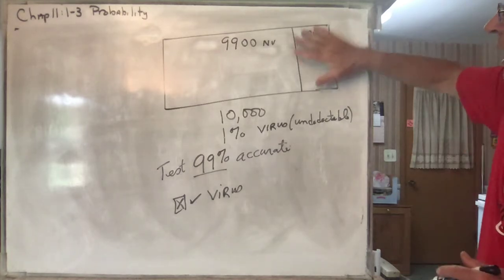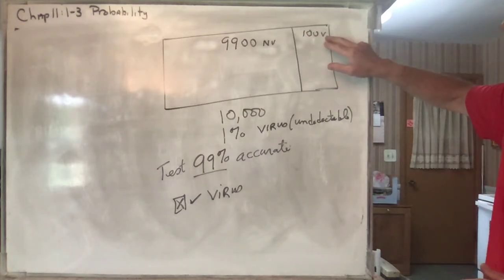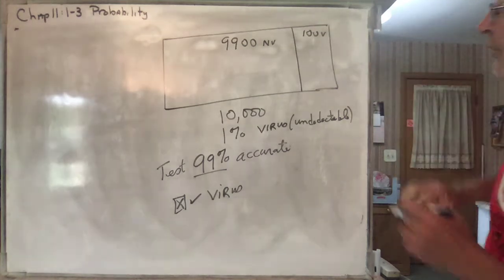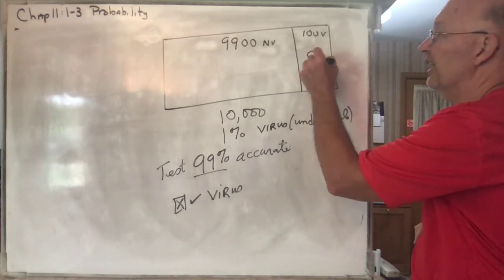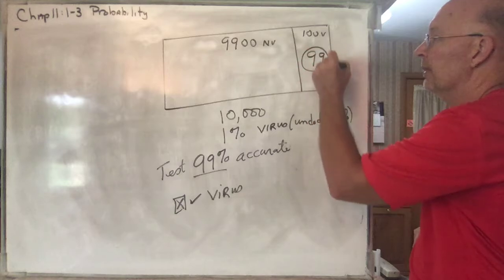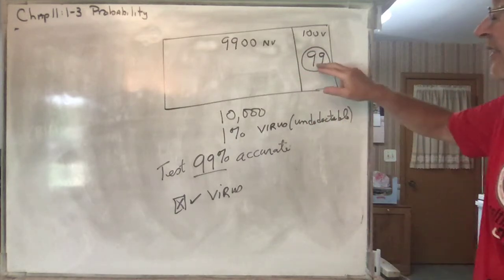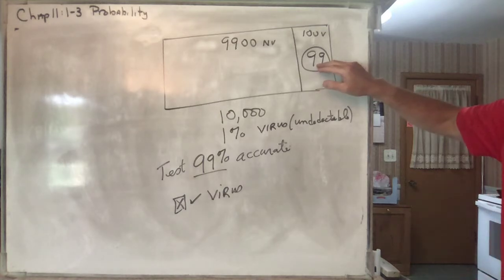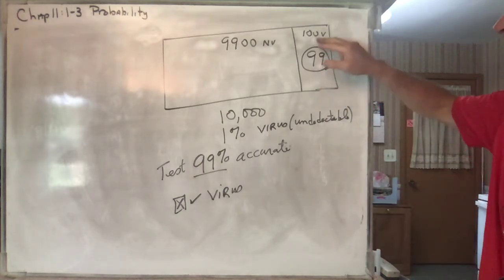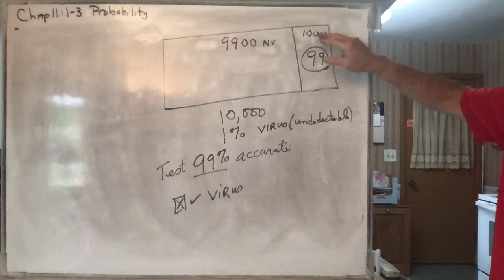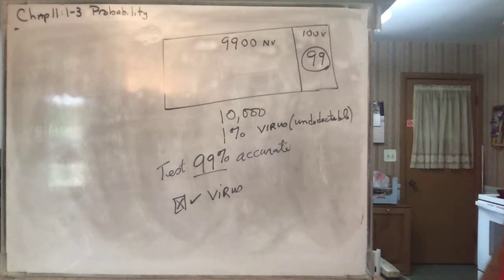Of these 100 people that go in that have the virus, it's 99% accurate. So it's going to say that 99 of them, I'll put a circle around it to mean that's how many people the test says have the virus. Okay, it's 99% accurate, so out of those 100, it's going to claim 99.